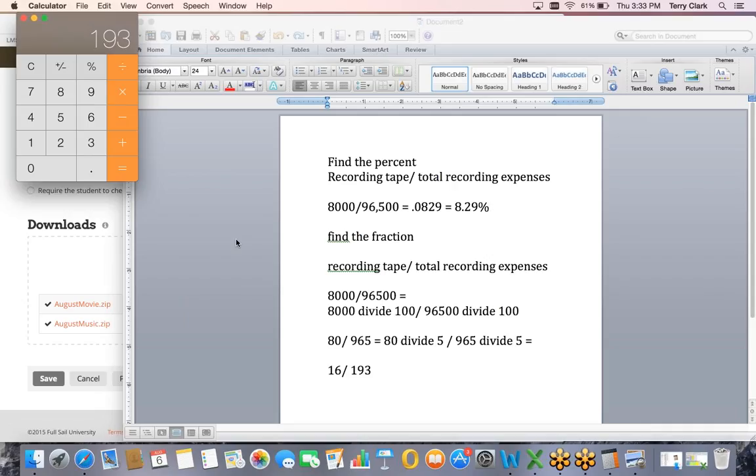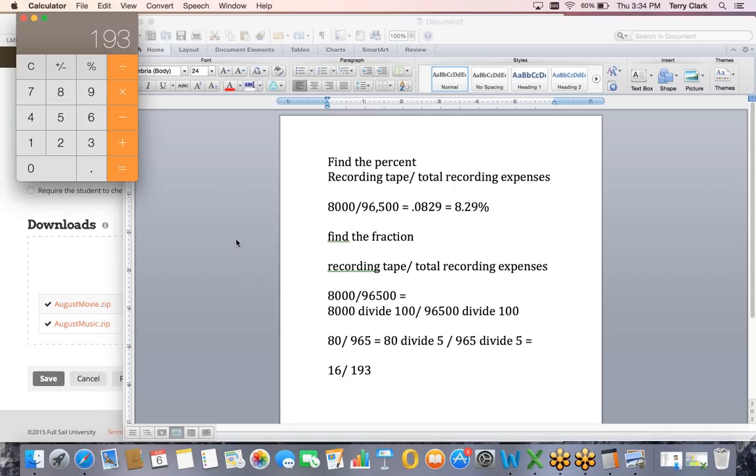No, we don't always divide it by 100. We only divide by numbers that we can divide the top and bottom by. Okay, so if we couldn't divide the bottom by 100, we wouldn't be doing it. So that's the only reason why we're doing it. We're trying to find a number that we can divide both the top and bottom by. Okay, we could, of course, have started off with dividing the top and bottom by 500, and we would have just ended up with 16 over 193 to begin with.